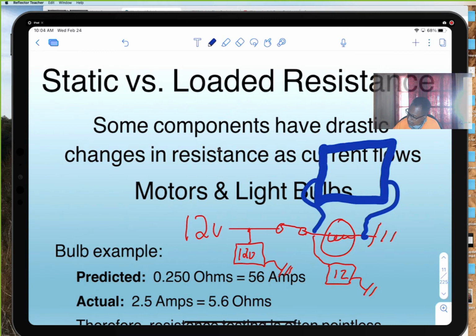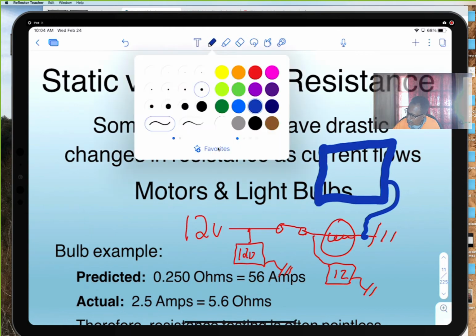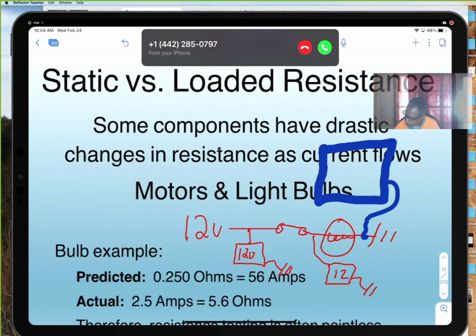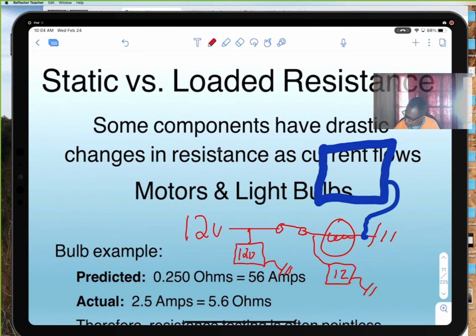You're getting the pressure drop. I mean the voltage drop. On this side, I would have 12. Right? You understand why, right?